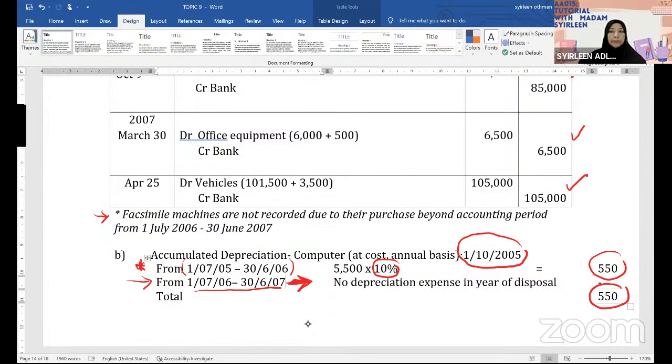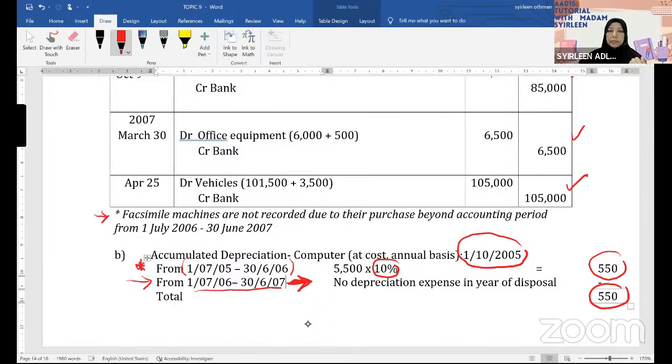So when you dispose the computer, you are going to close the accumulated depreciation amount pada nilai 550 sahaja. Tapi bear in mind, the cost of the computer is 5,500. That means harga komputer 5,500, the accumulated depreciation yang akan tutup is 550. That means I am getting loss on disposal lah. Sebab komputer baru lagi kan, lepas sudah hilang, rugilah sebenarnya.